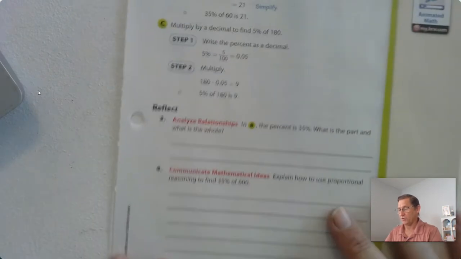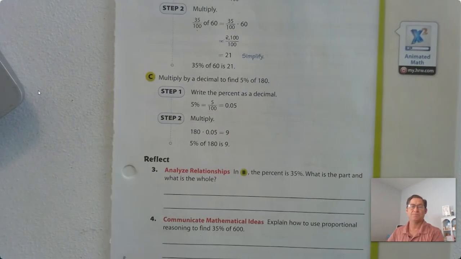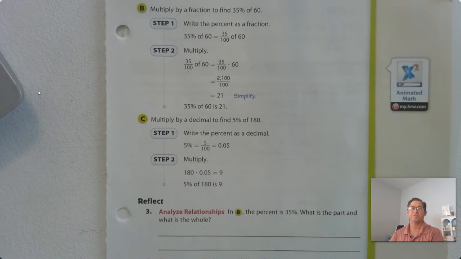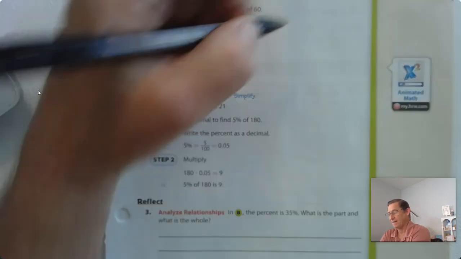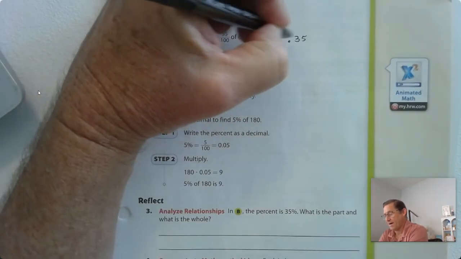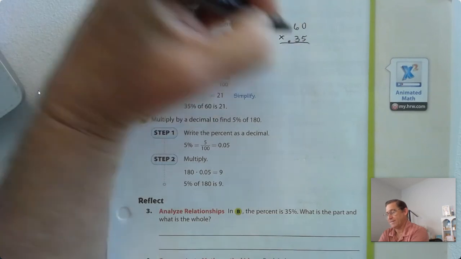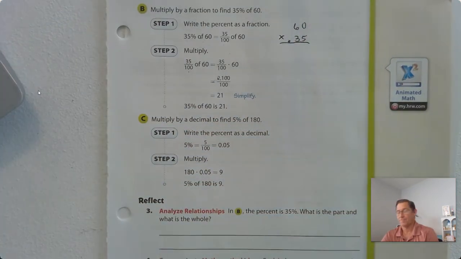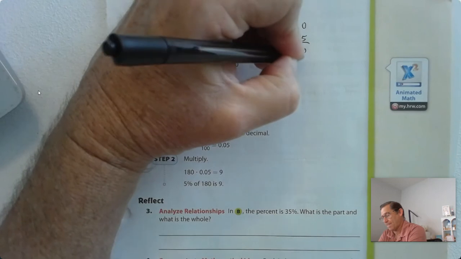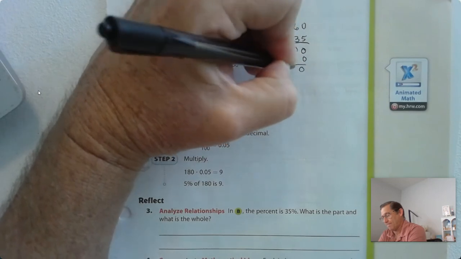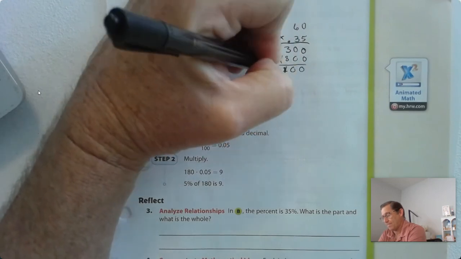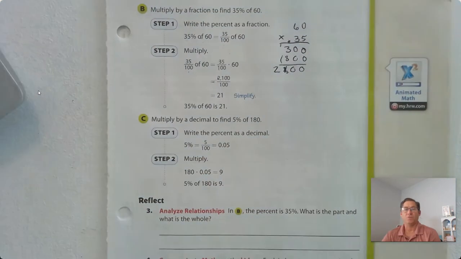Another method we could use is just to multiply by a decimal to find percent. Like in this one, we could have said 0.35 times 60, and got 21.